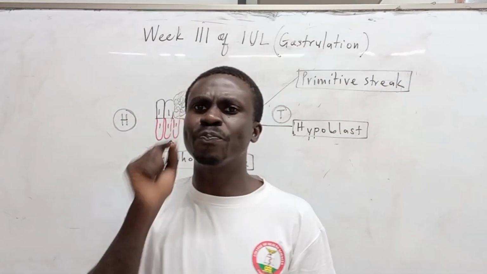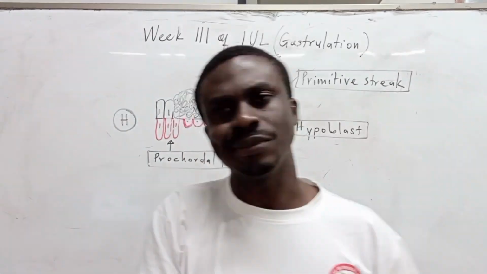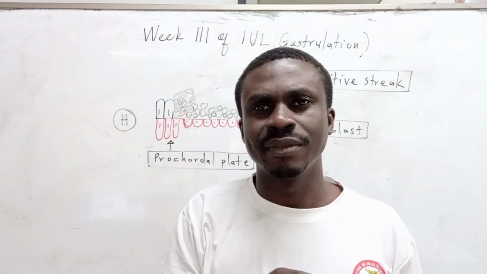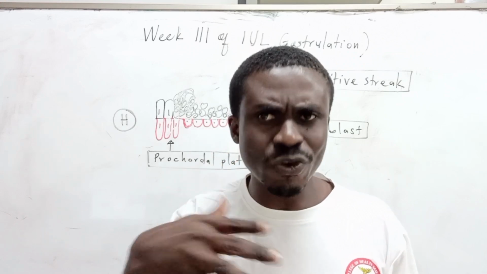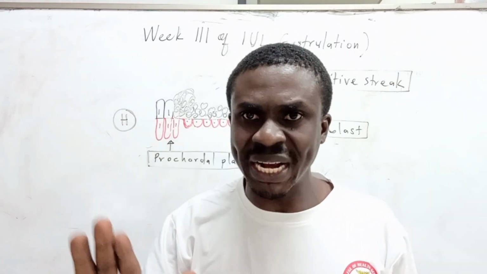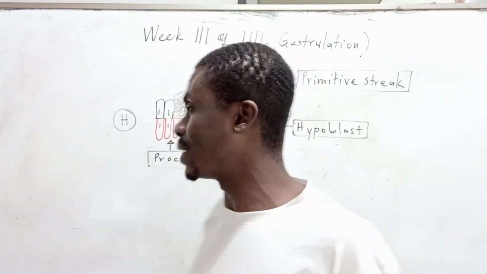Guys, this is the primitive streak. And it is this primitive streak which will be very important in giving rise to the trilaminar definitive layers. Very important in doing that.